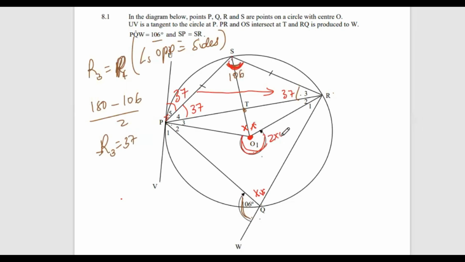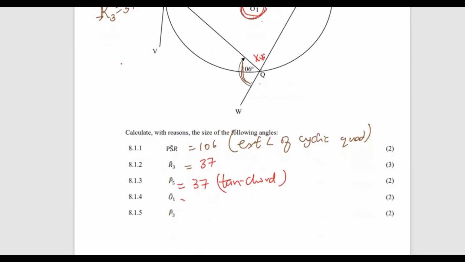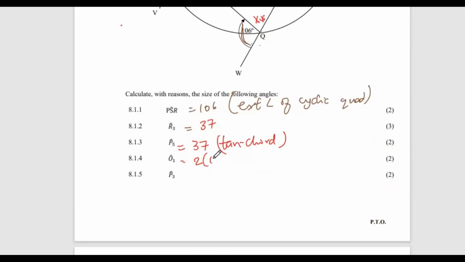So this is going to be 2 times 106, which is 212. Reason: angle at the center must be twice angle at the circumference.